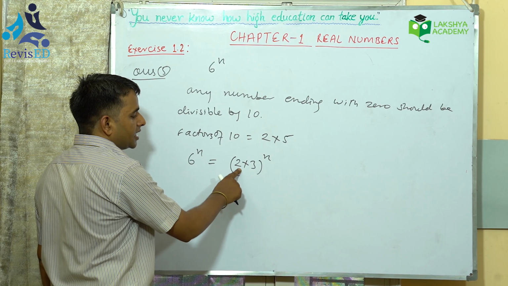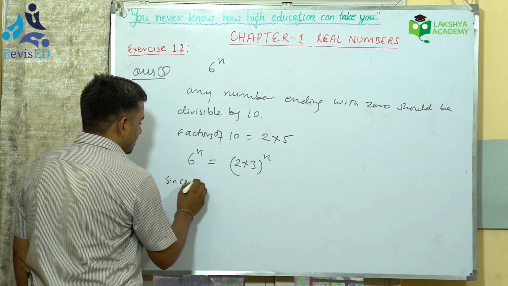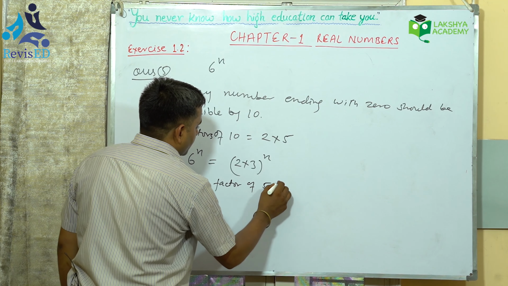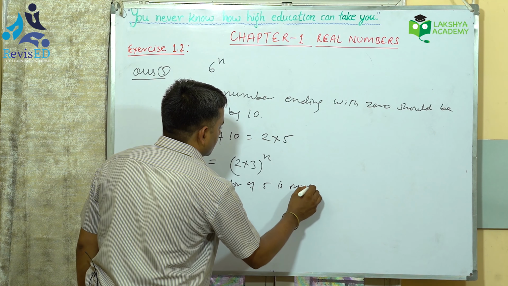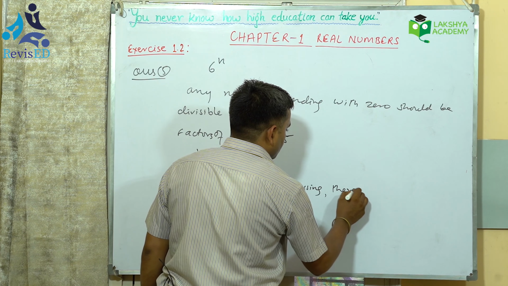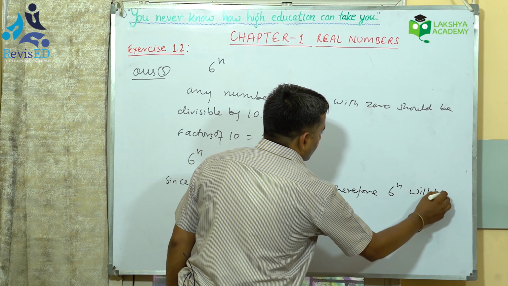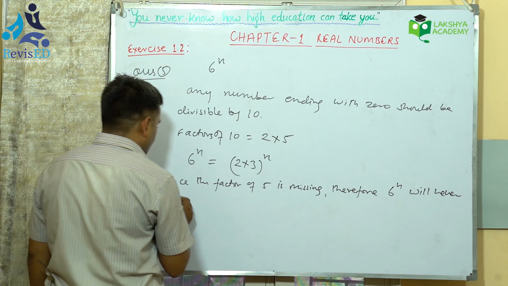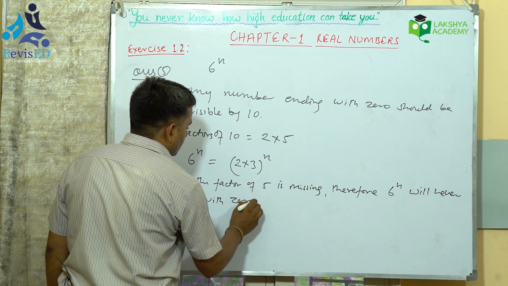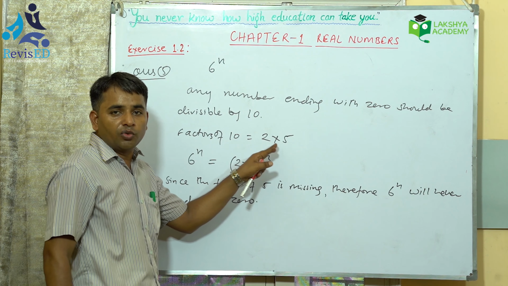Since the factor 5 is missing, therefore 6 to the power n will never end with 0, because it does not have the factors 2 and 5.